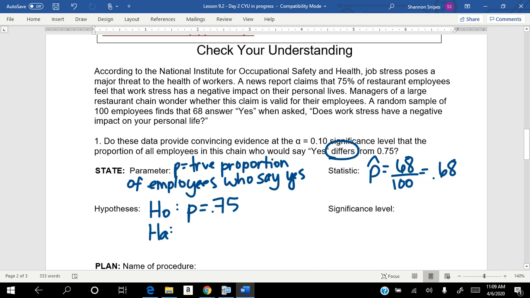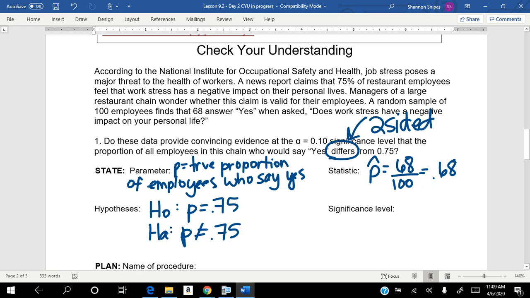The problem could have said, since your statistic 0.68 was less than 0.75, we could have had an alternative that was less than 0.75. But because the way the problem's worded, it uses the word differs, we want to have our proportion not equal to 0.75. This is how you know you have a two-sided test.